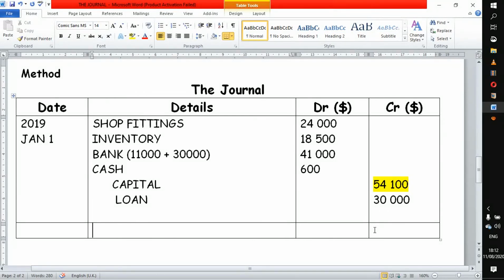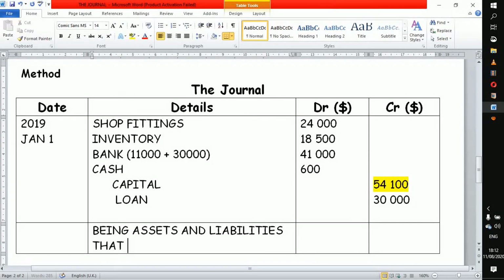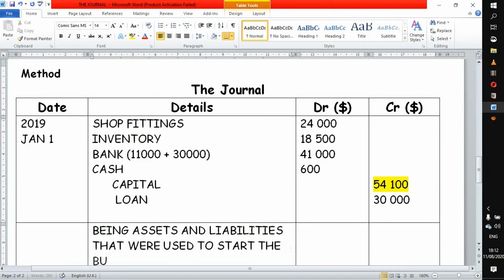So we now say, being assets and liabilities that were used to start the business by Rodent.